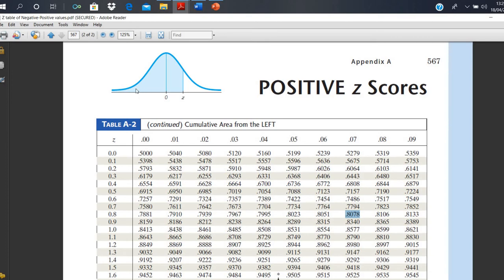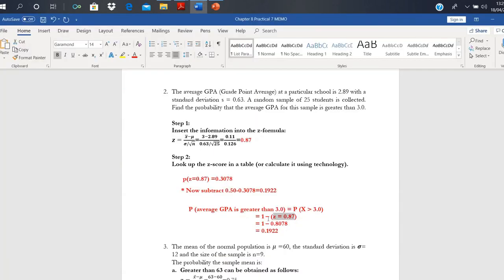So which will be 1, the entire probability, minus this probability here, which is 0.8078. So if you take 1 minus 0.8078, you will have 0.1922. So you have the same answer using these two different tables.